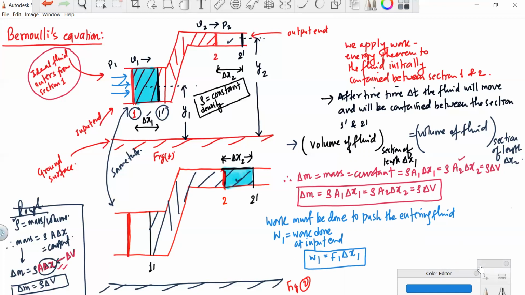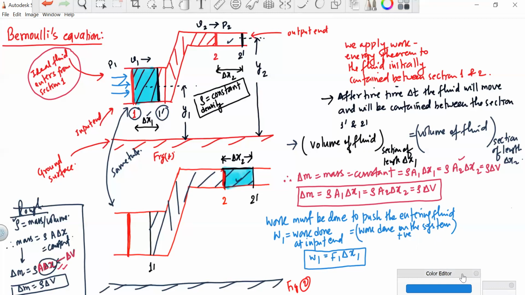Clear? Now, this is work done on the system, because we use sign convention. We use sign convention and we take work done on the system as positive. So this is to be noted.